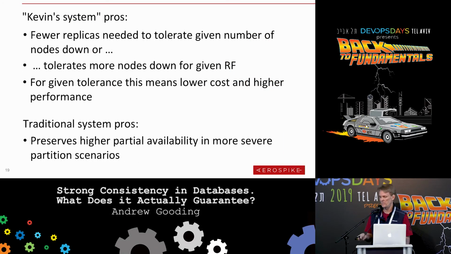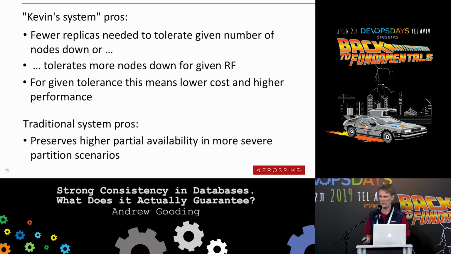So again, the pros for us are we just need fewer replicas to tolerate a given number of nodes down, or we can tolerate more nodes down for a given replication factor. And here you can also think racks instead of nodes, if you have rack-aware, which these systems usually do. So it can mean lower costs and higher performance. And the traditional systems generally are much better at preserving higher partial availability in the severe P scenarios.